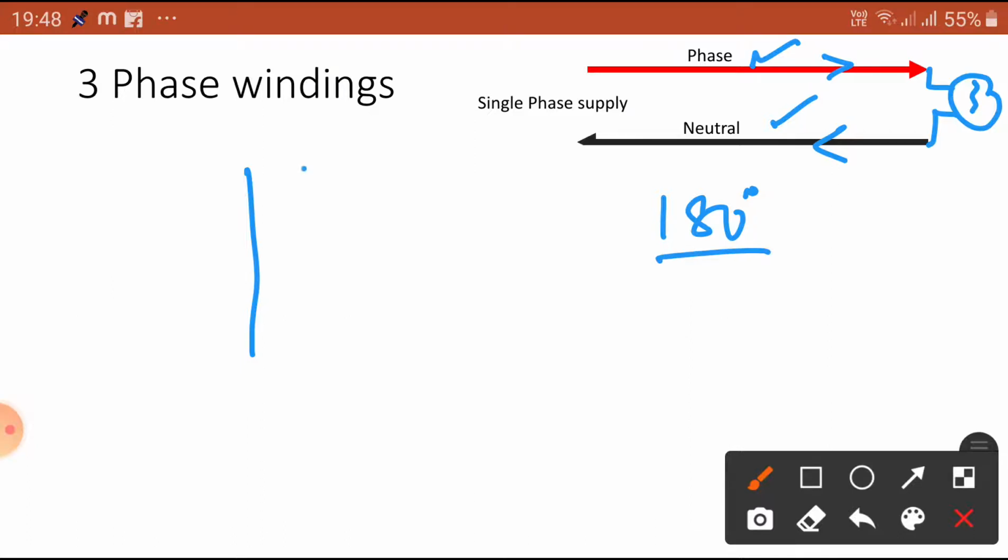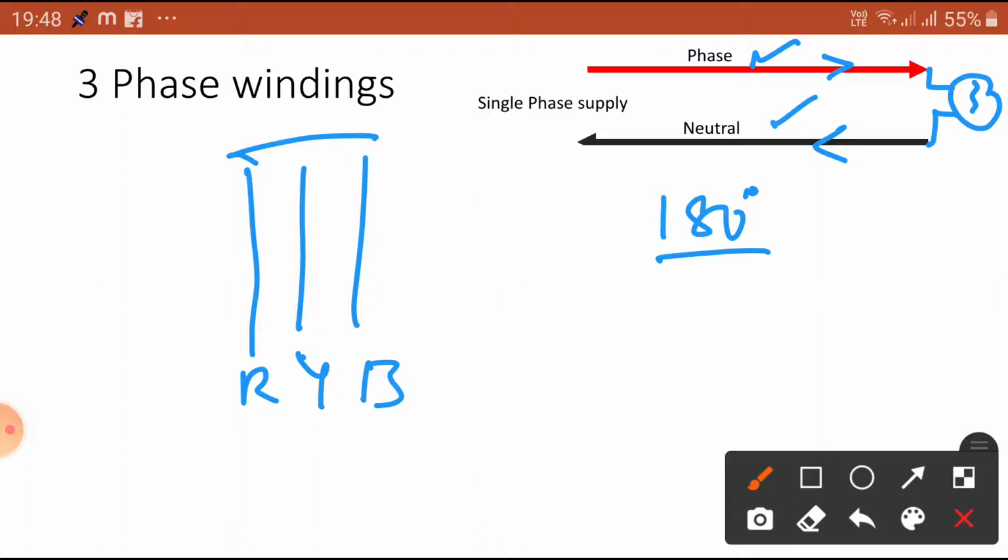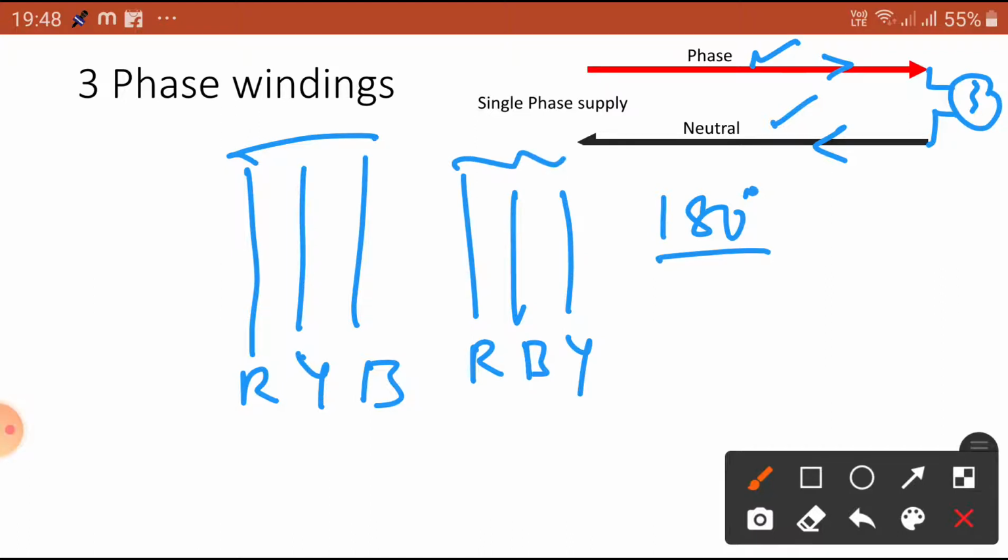But in the case of 3-phase, we know R phase, Y phase, B phase. We can represent the phase sequence like this, or we can represent the phase sequence as R, B, Y. So, this is another phase sequence. Anyway, this is a 3-phase system, so the phases are 120 degrees apart.